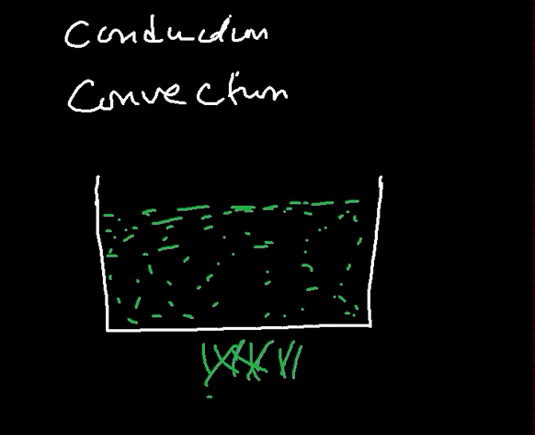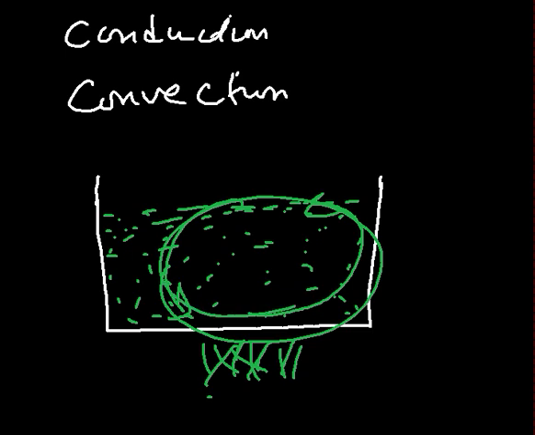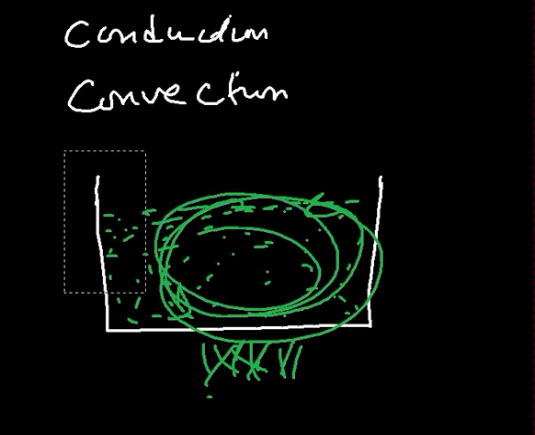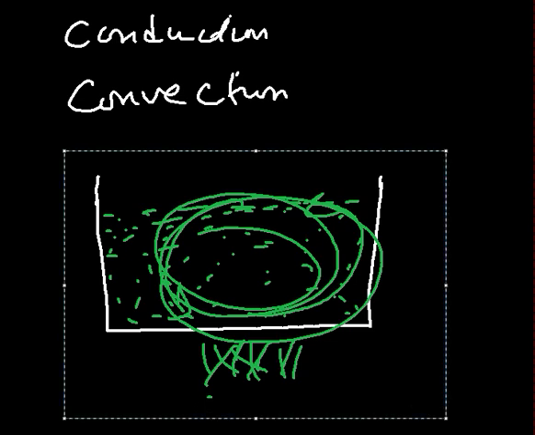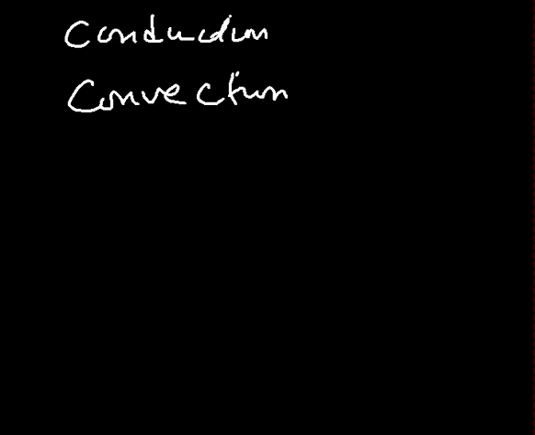What happens is that the bottom water will get hot first. In this case, it becomes less dense, thereby going up, and the surface water will be denser, thereby it will sink. So the process keeps on going. That's the principle behind convection as a mechanism of heat transfer.